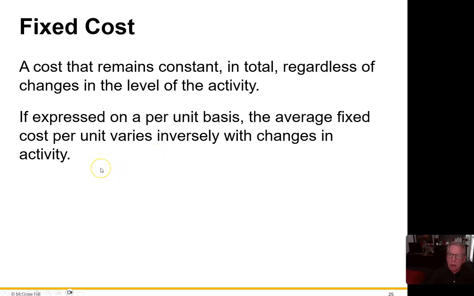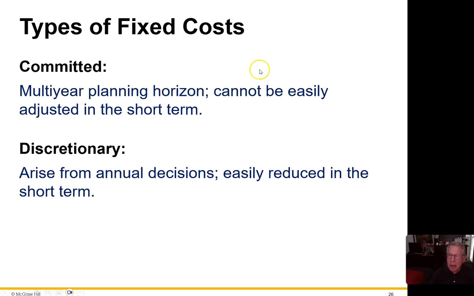Expressed on a per unit basis, however, the average fixed cost will vary inversely with changes in activity. The more the activity, the less the fixed cost per unit. In total, fixed costs remain constant, in theory.